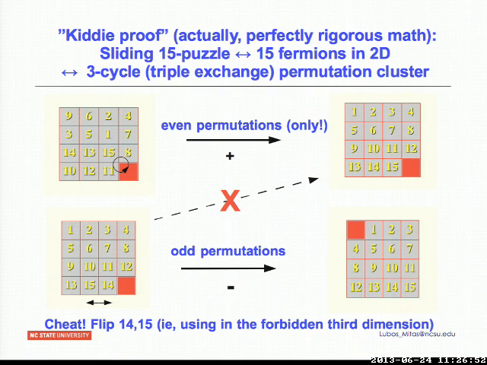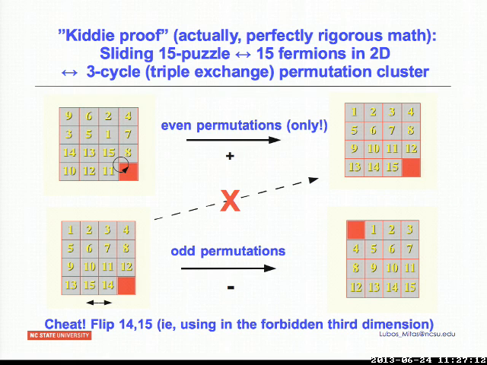Now, you know what has happened. Somebody didn't show you what he did, and he would flip 2 of them using the 3rd dimension, which is forbidden, okay? If you do that, you can try to reproduce this as much as you want, you will never get there. It's impossible.